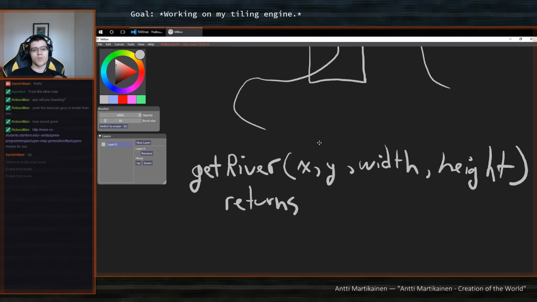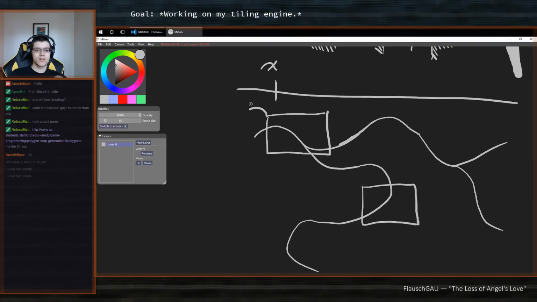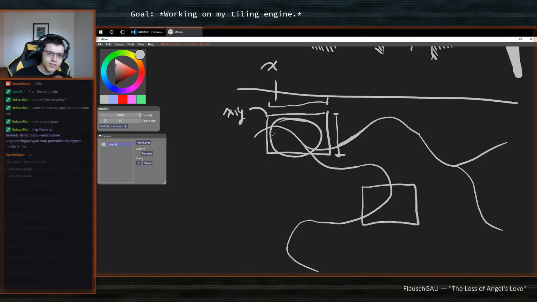I cannot say x, y. It's not really an x, y, but the x and y is this corner, and then the width is this. So I'm essentially giving you my camera data, and I say return something. What do you return? You return this sort of river.